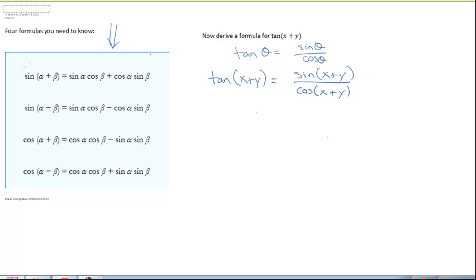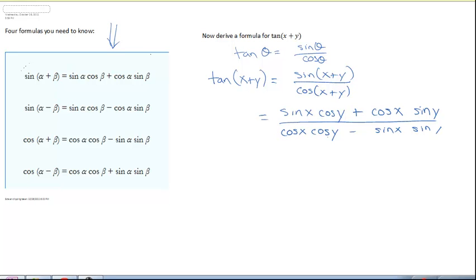And each one of those has its own substitution that we can now make. So we will be able to say, well, this is going to be sine x cosine y plus cosine x sine y. And the whole thing will be divided by cosine x cosine y minus sine x sine y.